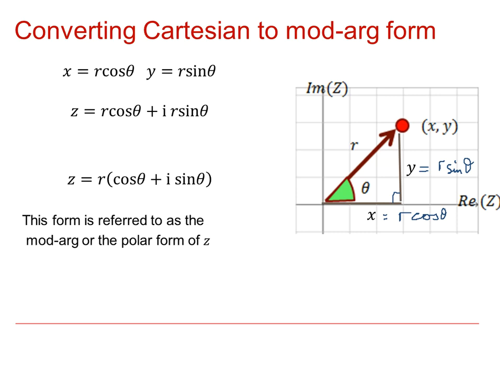So this is what we call the modulus and argument, or polar form of a complex number. It's where instead of using the Cartesian coordinates x and y, we're using the polar values r and theta.